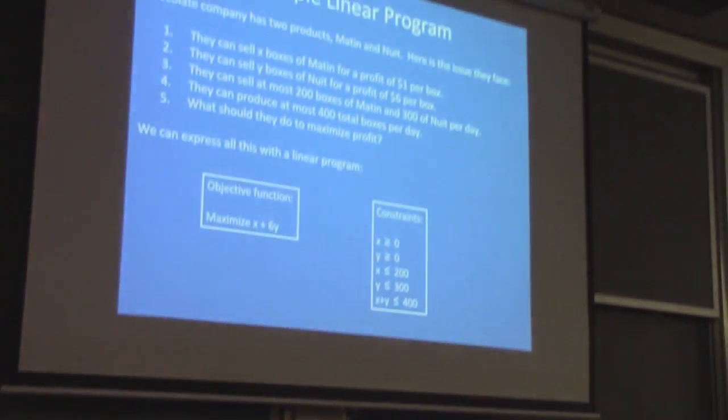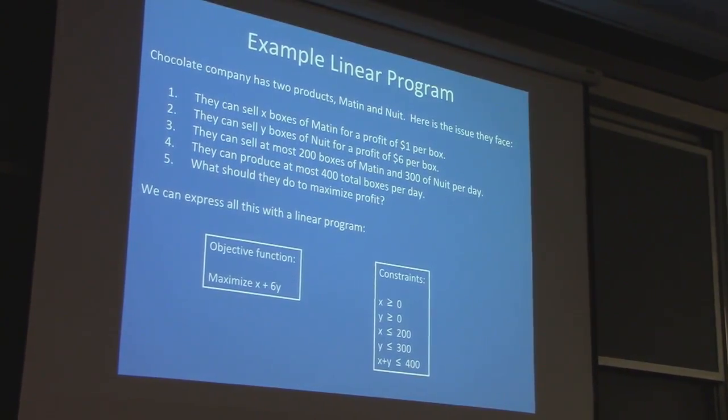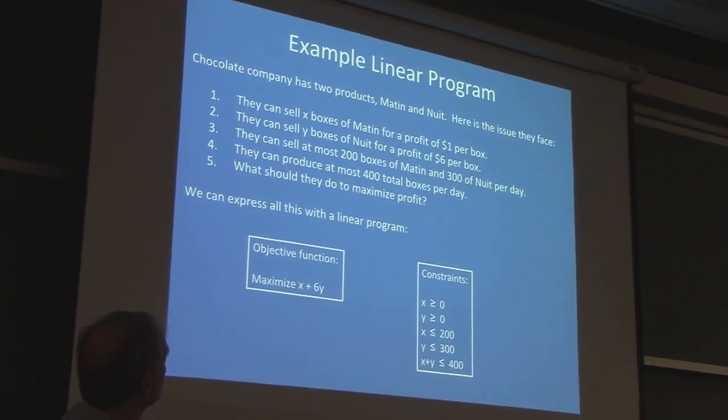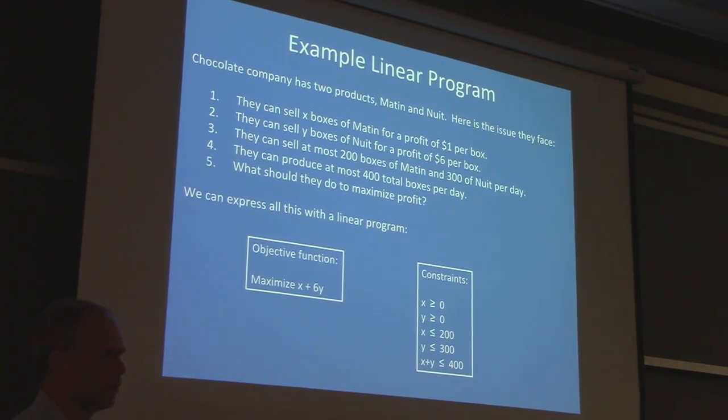So anyway, here's our first example. You've got a chocolate company that makes 2 products, Matin and Nuit, and they've got to decide how to make the most money. They know they can sell x boxes of Matin for $1 per box. They can sell Nuit for $6 per box.